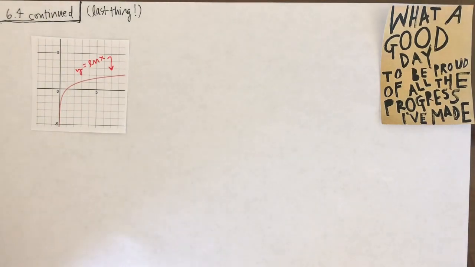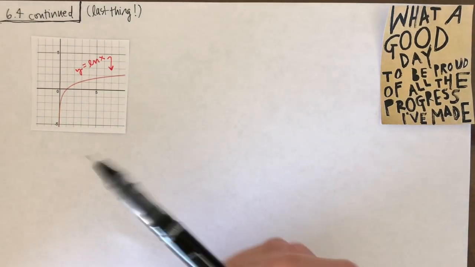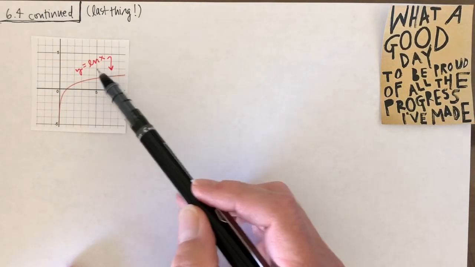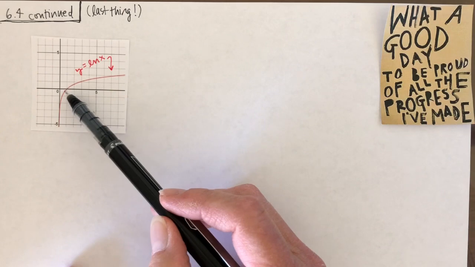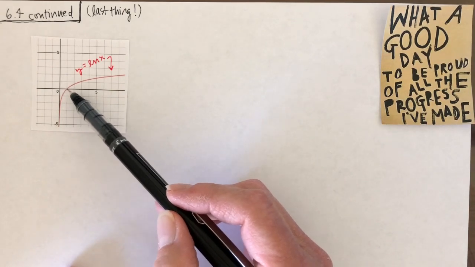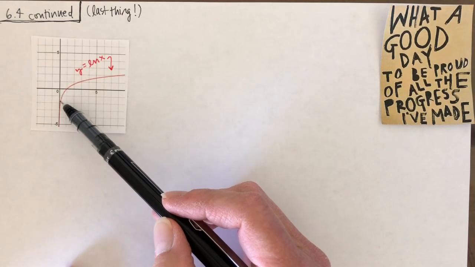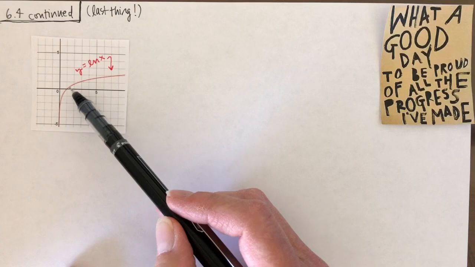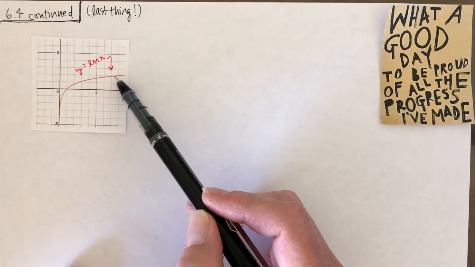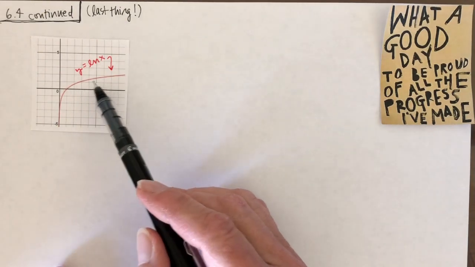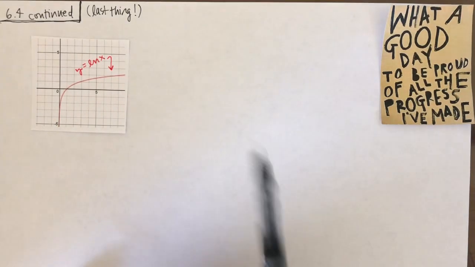Logarithmic functions all follow a similar pattern where all the basic ones like this are going to go through the point 1, 0. As you approach 0, the logarithm is going to go off to negative infinity. And as x gets larger, the logarithm also gets larger, but nothing like an exponential function. It grows, but grows slower and slower as time goes on.